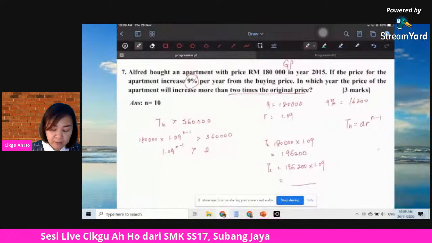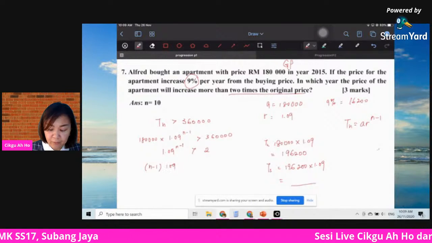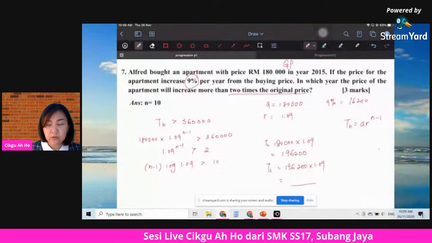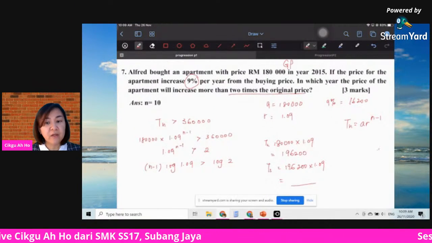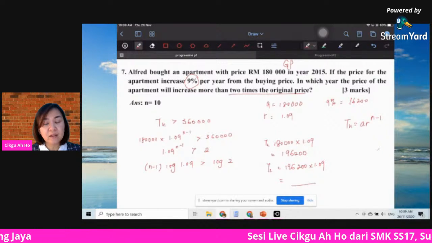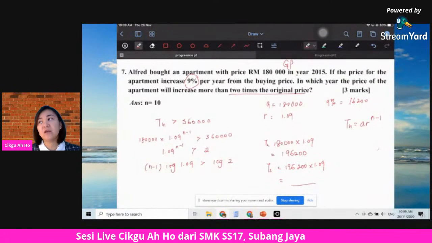So log 1.09 to the power of N minus 1 is greater than log 2. We are doing log on both sides. Why is N minus 1 in front? We are using the law of logarithms. That's why even progression questions can involve log.